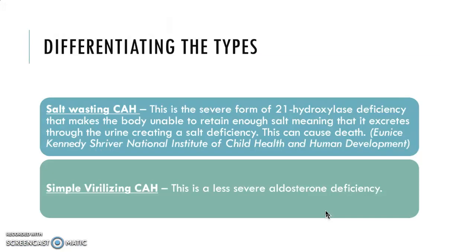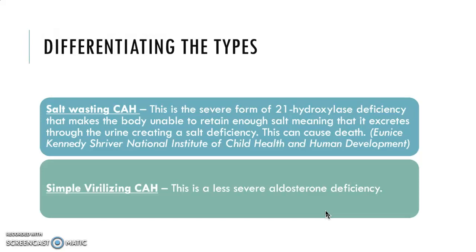Okay, so moving forward, we do have two types of congenital adrenal hyperplasia. The first type that we're going to talk about is the severe type, the salt wasting type. Because we have the deficiency in the 21-hydroxylase enzyme, our body cannot retain the amount of salt that it needs.